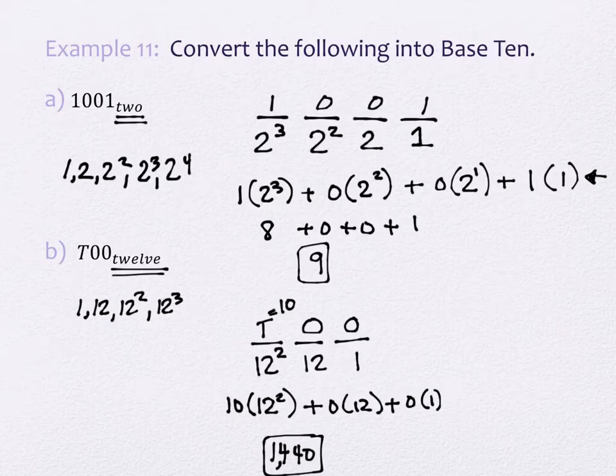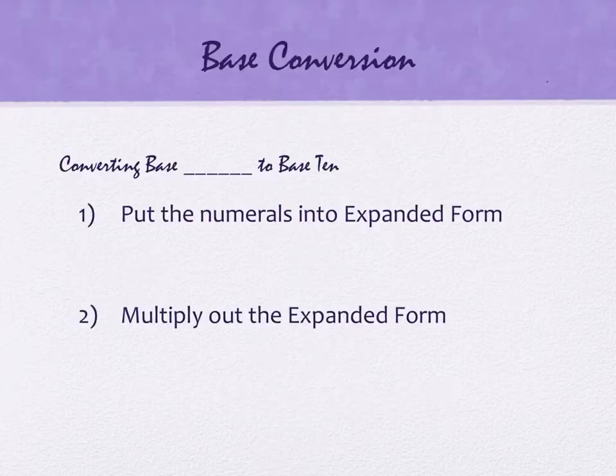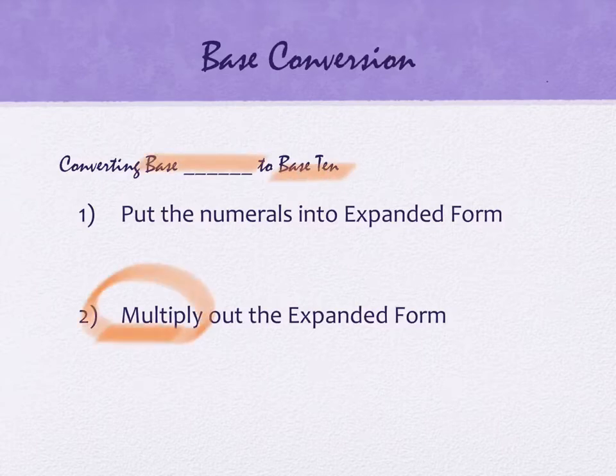So here's what I need you to remember. It's really, really important to put on a note card at some point along the way, that when we're going from base something else into base 10, we are multiplying. It's always a multiplication process.